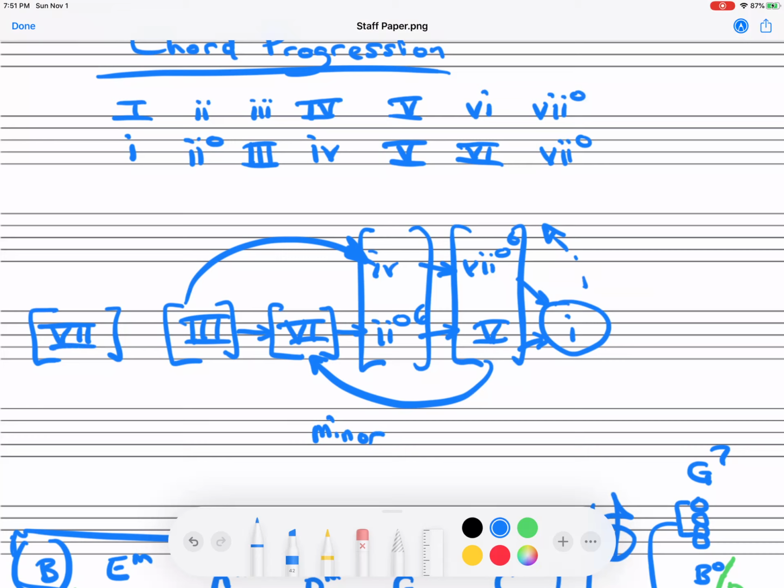Okay, so this is the one with lowered 7. And we'll talk more about this later. But this is really 5, 1 in the relative minor, in the relative major, excuse me.